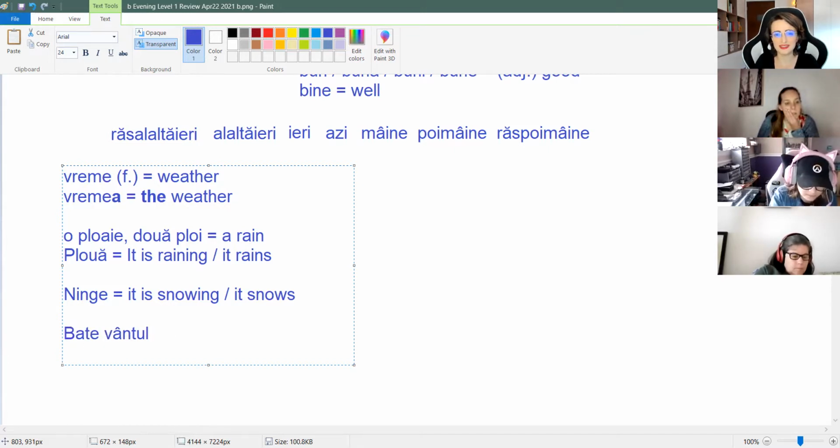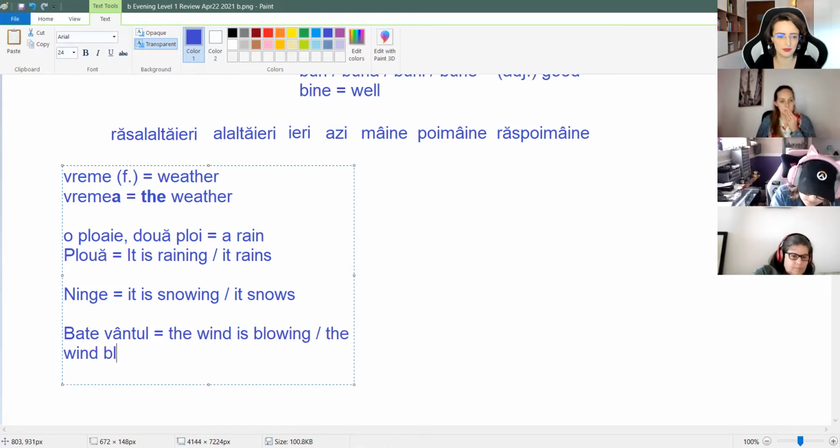Literally beats the wind. Oh, yes, I remember this one. The wind is blowing or the wind blows. So literally beats wind. This is the structure.